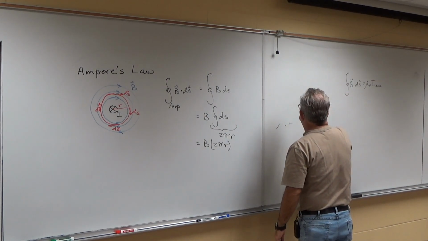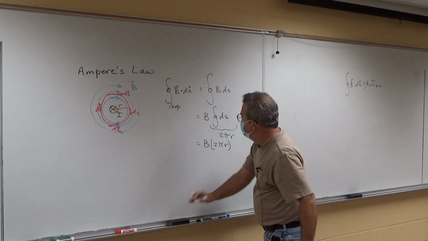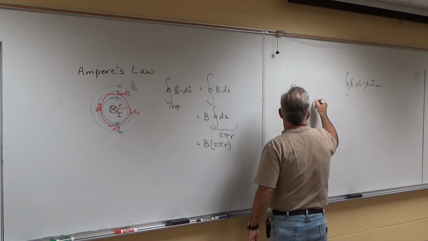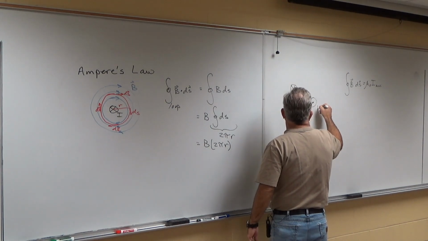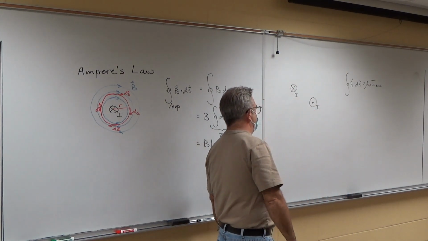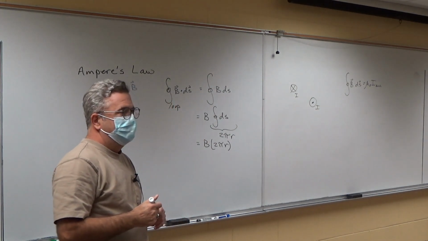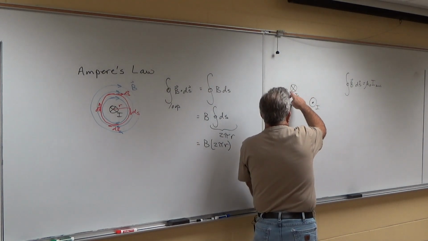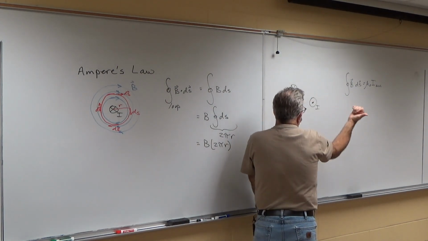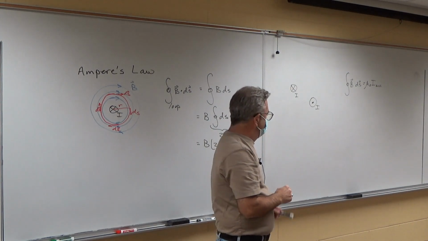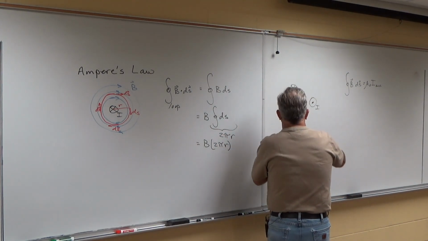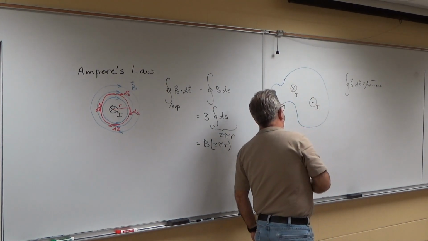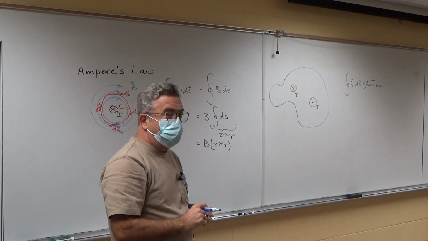Give you a couple of quick things. Let's say that this is the current, this is current going into the board. This is the same current going out of the board. Okay. Depending on what we call the positive direction, this would be a positive current, this would be a negative current. If I enclose it in a loop like this, okay, Ampere's law will work.